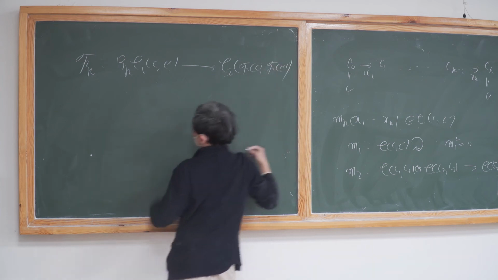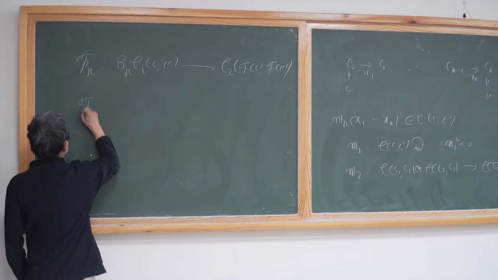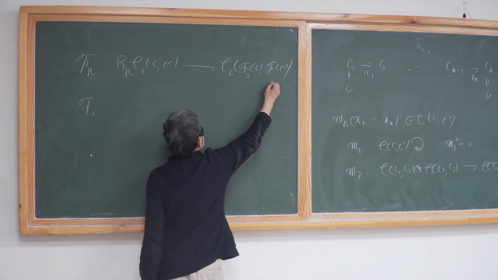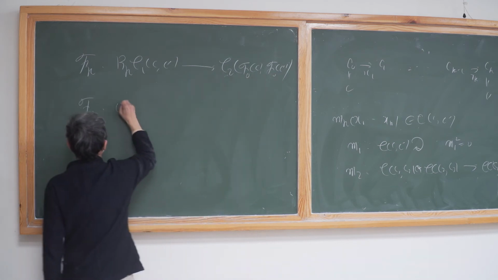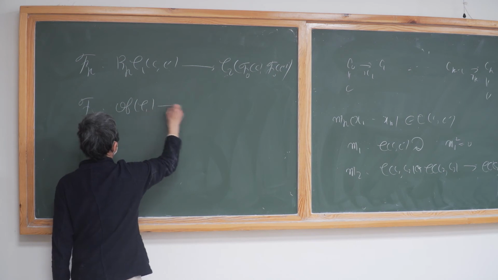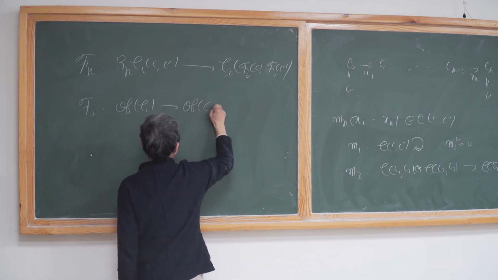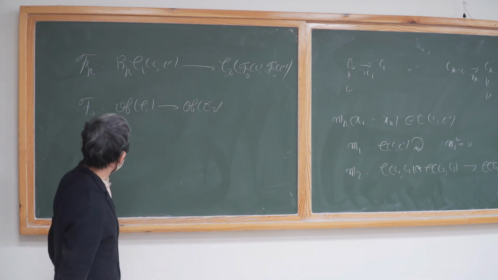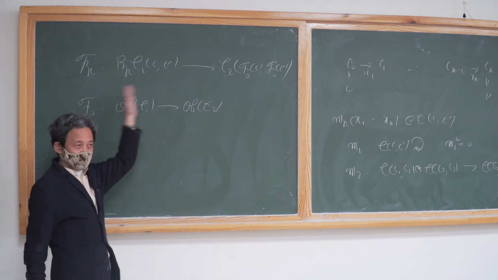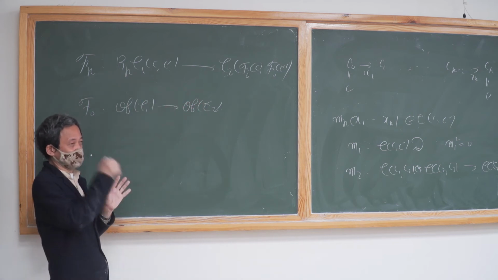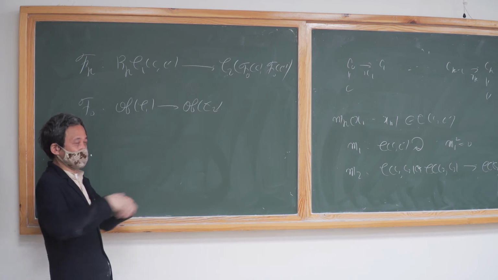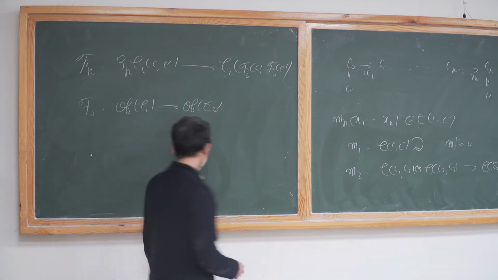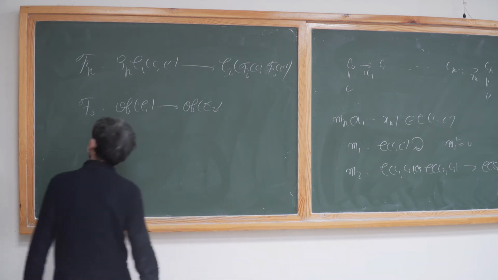First of all, F_0 is a set theoretical map from the objects of C1 to the objects of C2. And also you have this higher map among the morphisms. So F_1 is just between morphisms, and F_2, F_3, and so on are the higher things. And the relation is something like this.